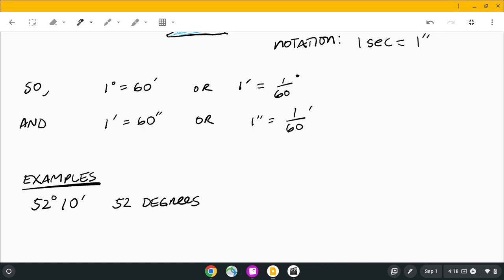It's really not the degrees part. It's more like when you have a decimal degree, like 52.7 or 52.369, then you convert that decimal part into degrees, minutes, seconds. So you would read this one as 52 degrees, 10 minutes.